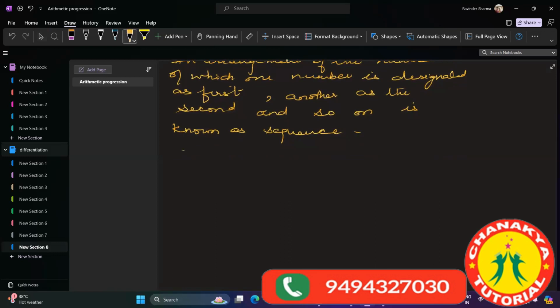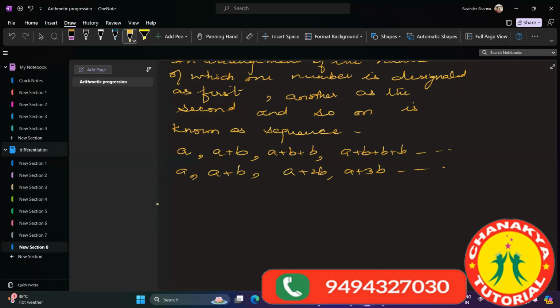Sometimes you can see a pattern like this: A plus B, then A plus B plus B, then A plus B plus B plus B, or you can say A plus B, A plus 2B, and A plus 3B. So this is also a sequence. Right, beta?